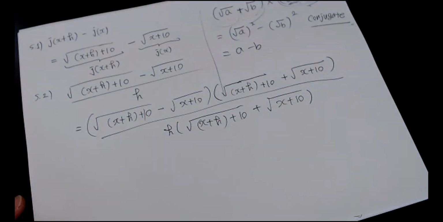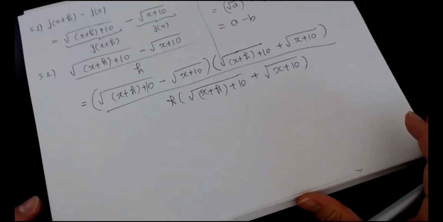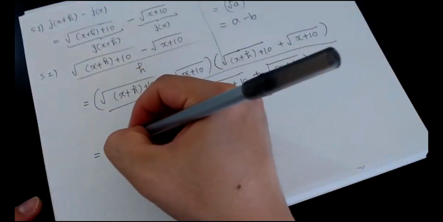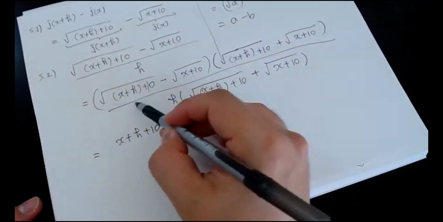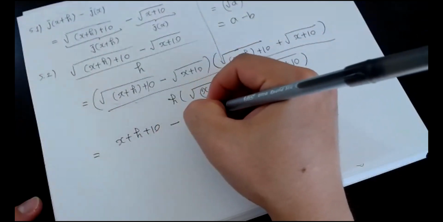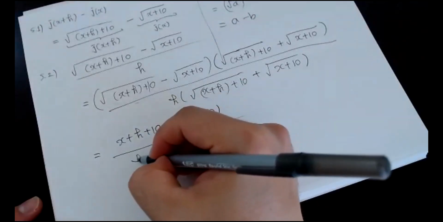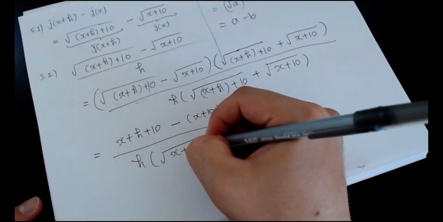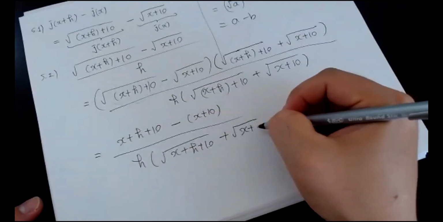Okay, so now this is equal to, then we got x plus h plus 10 minus x plus 10, don't forget to put parentheses, divided by h times square root of x plus h plus 10 plus square root of x plus 10.